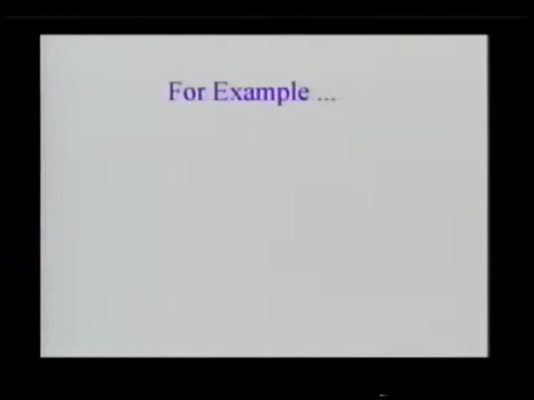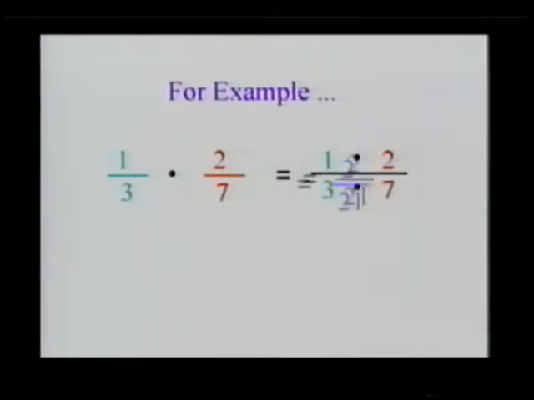For example, if we wanted to multiply 1/3 times 2/7, what did we do? We multiplied the tops, 1 times 2, and the bottoms, 3 times 7. Very simple, isn't it? We got 2/21, and that is the answer.